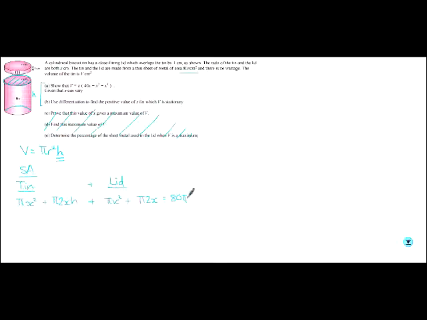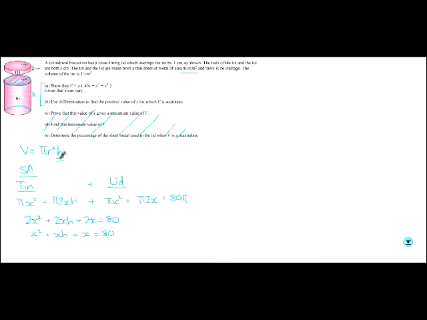I can see here that I've got x squared plus x squared, so I'm going to have 2x squared plus 2xh plus this 2x, and that's going to be equal to 80. Now everything here is also divisible by 2, so let's divide everything by 2. So we're going to get x squared plus xh plus x is equal to 80.